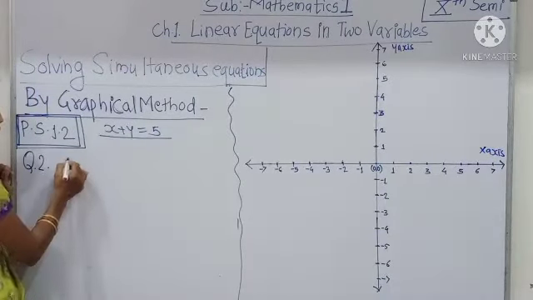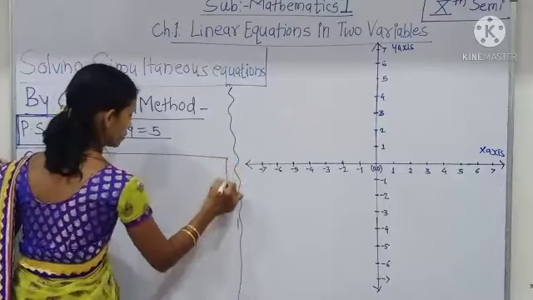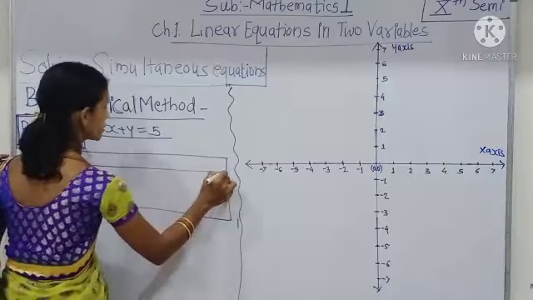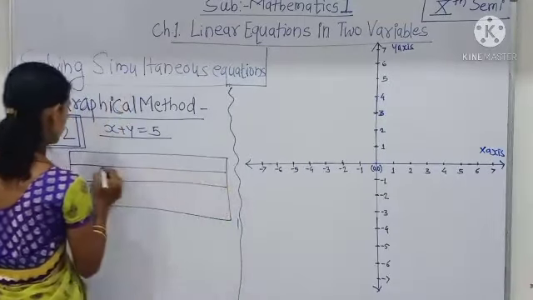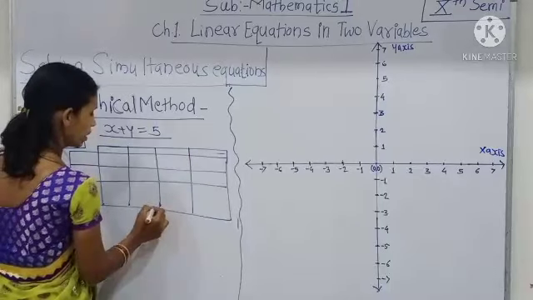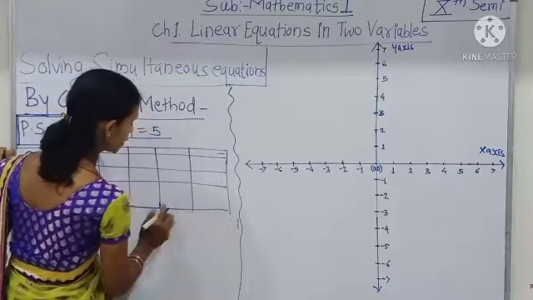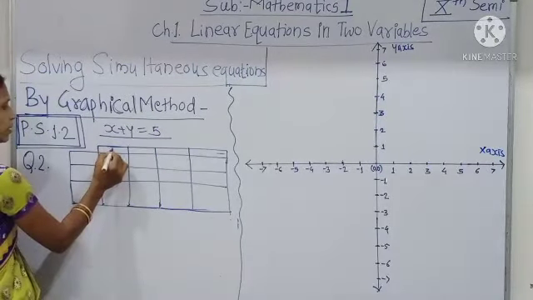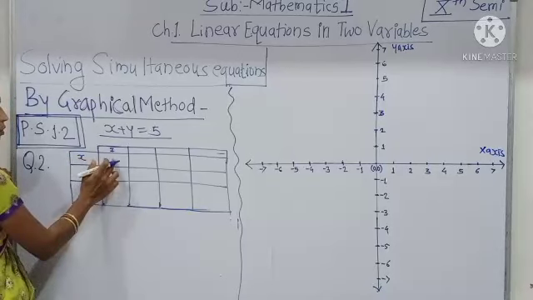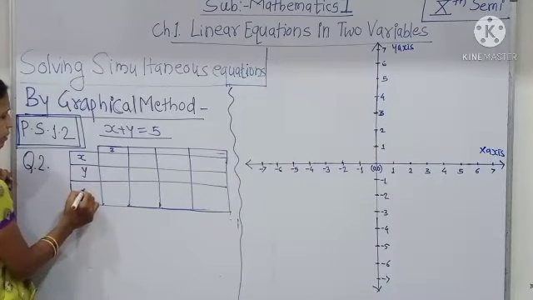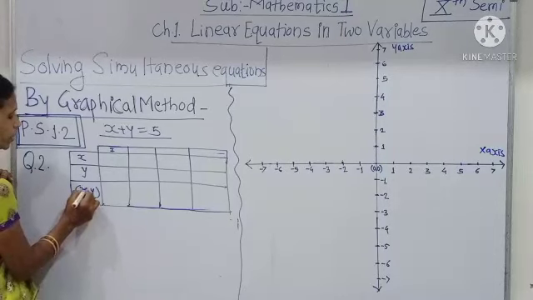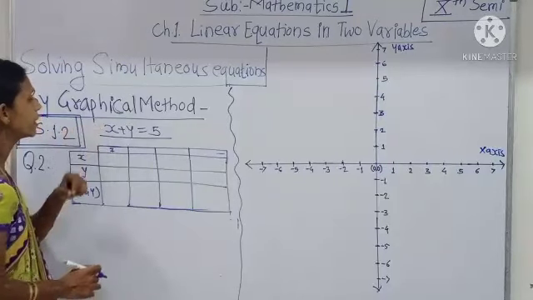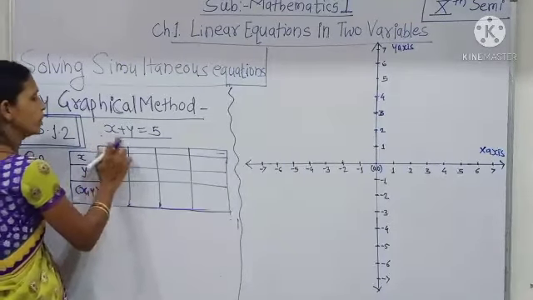To find 4 sets of ordered pairs of x and y coordinates, then we can plot the graph for this linear equation in two variables on graph paper. See, there are x coordinate, y coordinate and xy coordinate, that is the ordered pair for this equation.